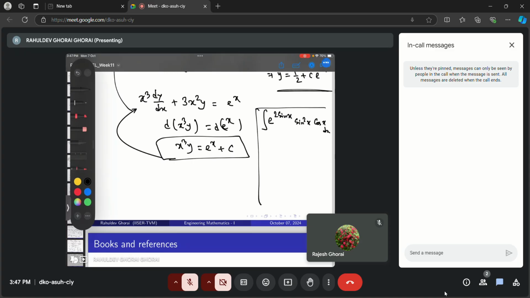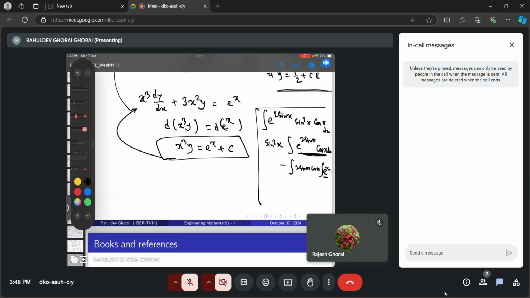Now you just integrate this part using integration by parts. First take sin² x, then the integration of e to the power 2 sin x cos x dx, minus the integration of 2 sin x cos x times again the integration of e to the power 2 sin x cos x.